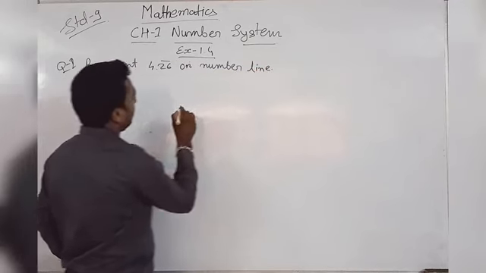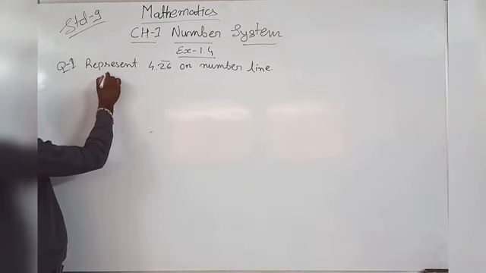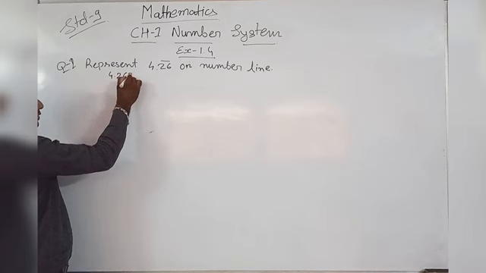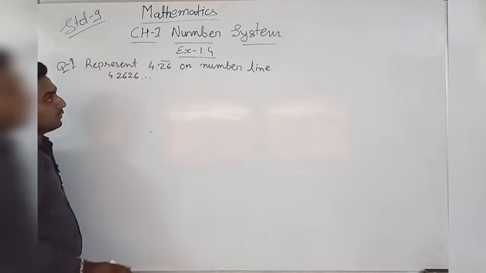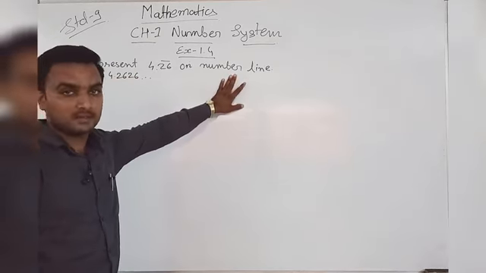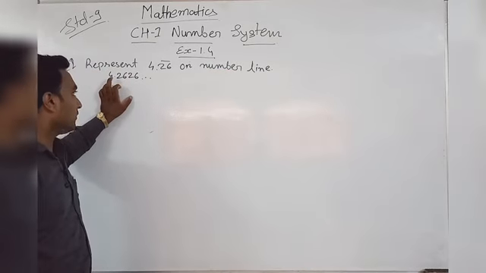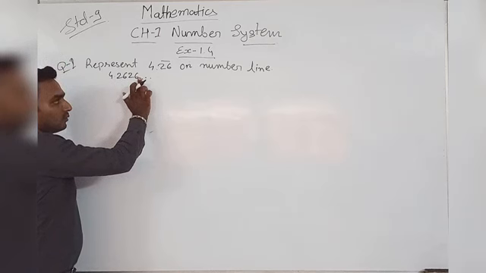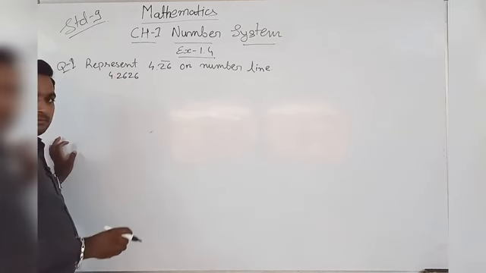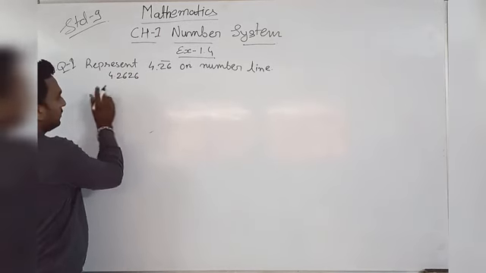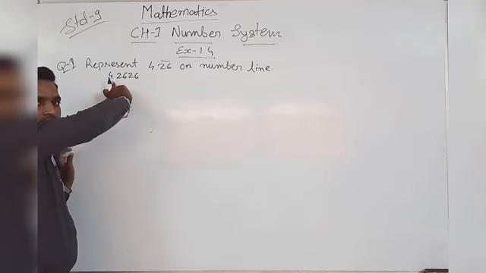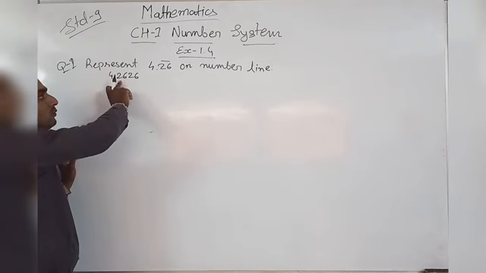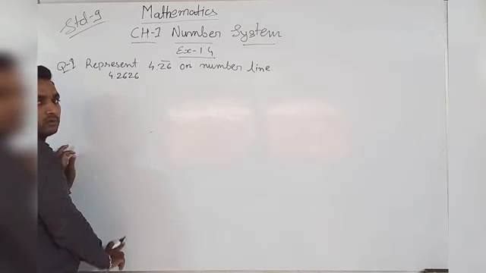It is given up to 4 decimals, so we have to take only 4 digits after the decimal point. Clear? So we have to draw up to only 4 decimals. With 4 digits, we have to draw 5 number lines.